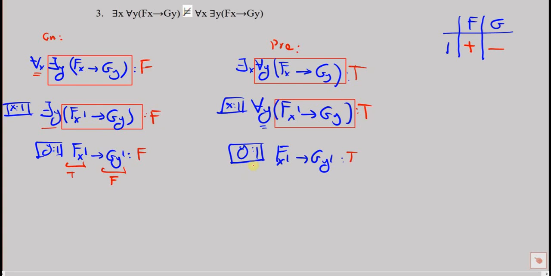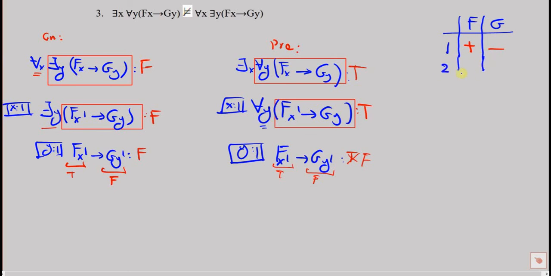But as you can see, on this interpretation, this is false because fx1 is true, gy1 is false, and the whole thing is going to turn out to be false. And that makes the universal false, and that makes the existential false. So we failed. That means that we need to add one more object. Object 2.